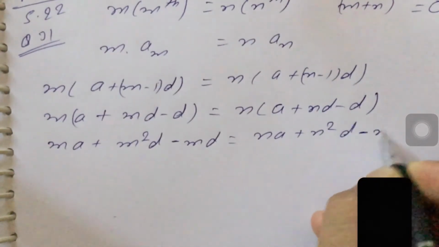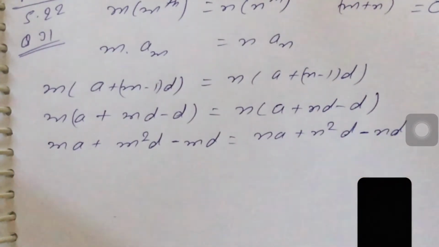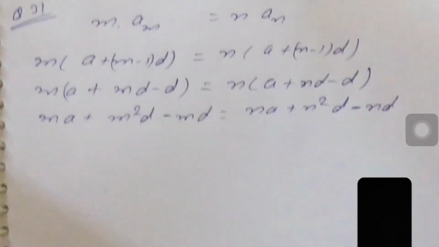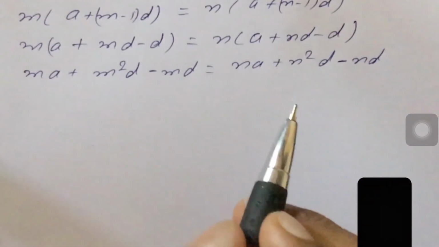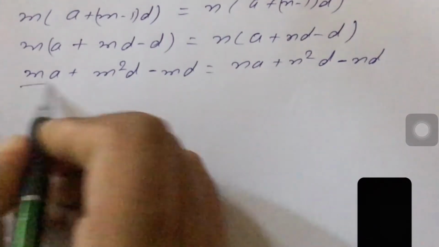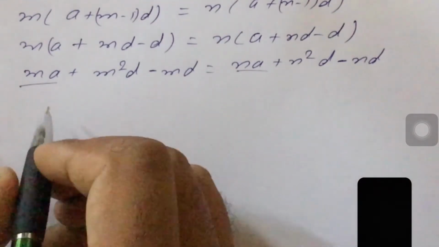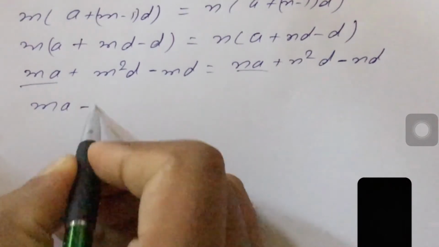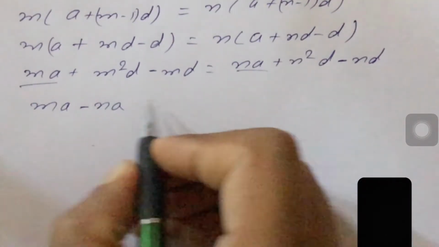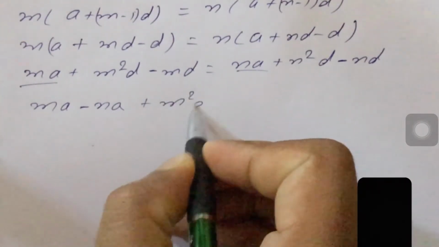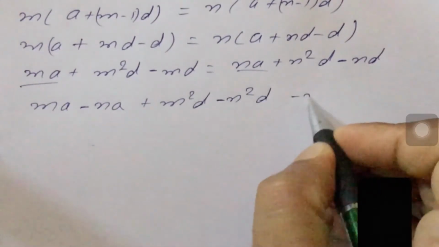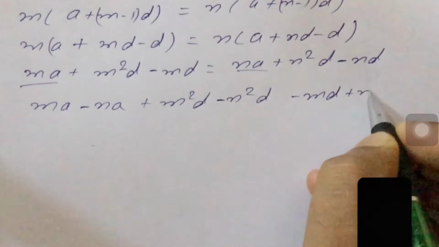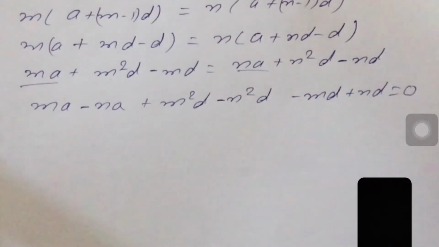अब क्या करो, bring all the same variable terms at one place. See, here is ma, here is na. Bring them to one place: ma minus na, then plus m squared d minus n squared d, then minus md plus nd is equal to 0.